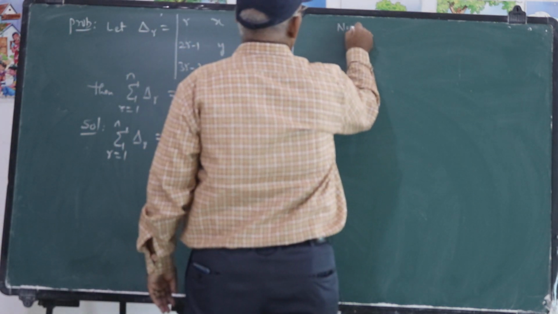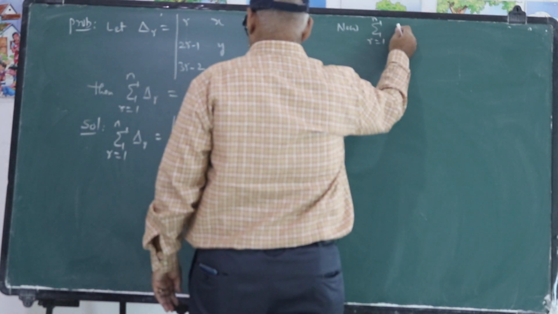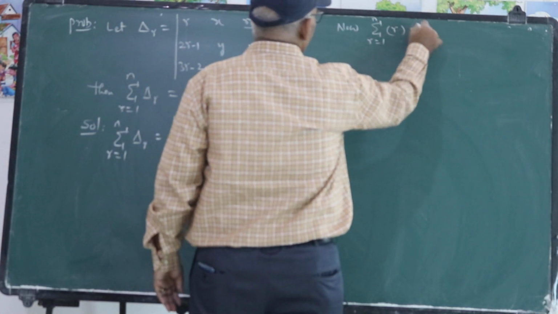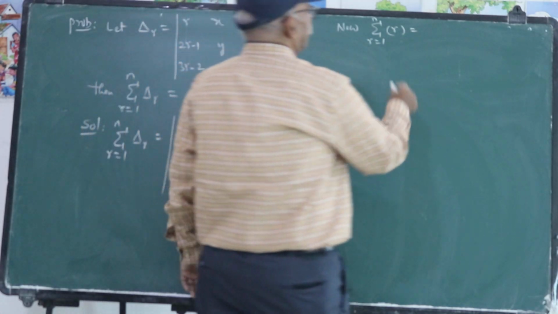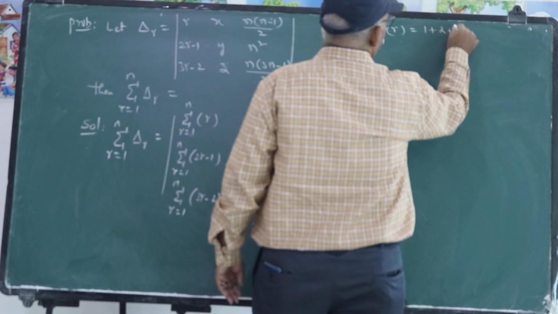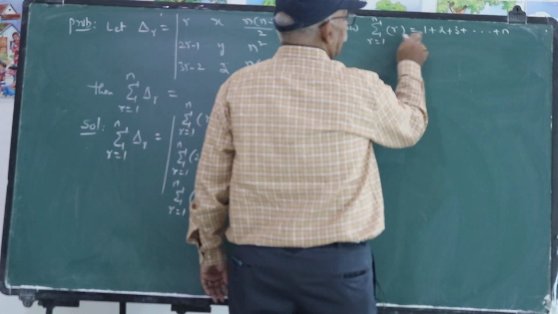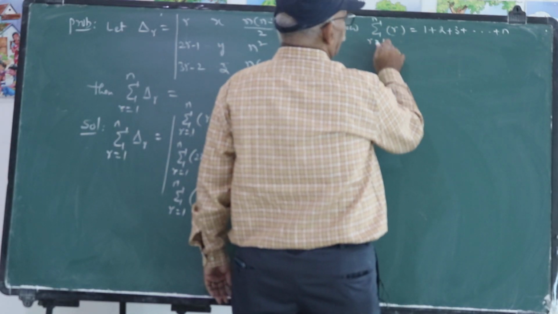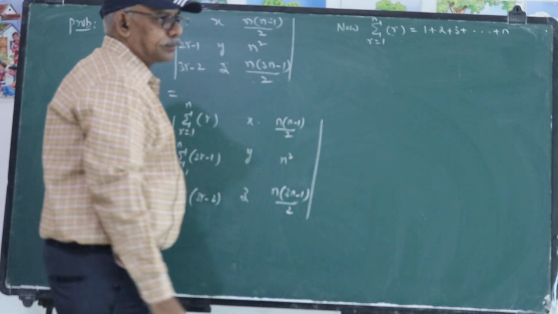Now sigma r equal to 1 to n r value. Expanding the summation, we get 1 plus 2 plus 3 up to n. For r equal to 1, we get 1. For r equal to 2, 2. For r equal to 3, 3. Like that, 1 plus 2 plus 3 up to n.